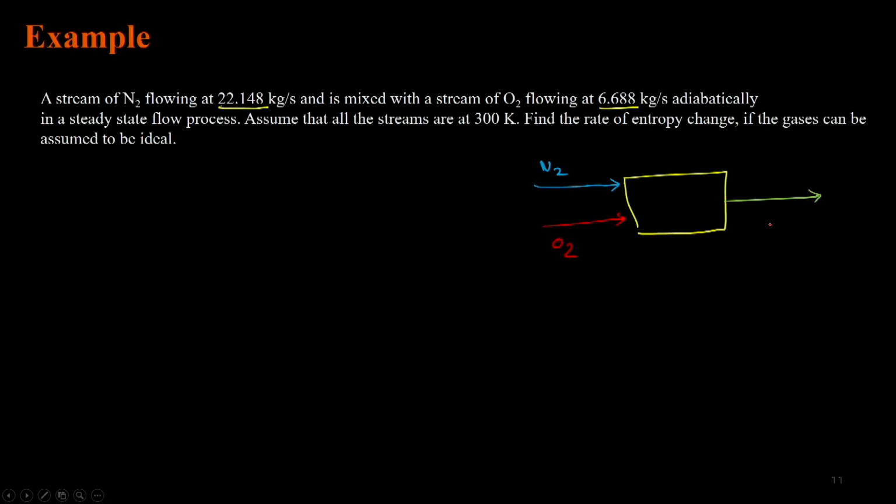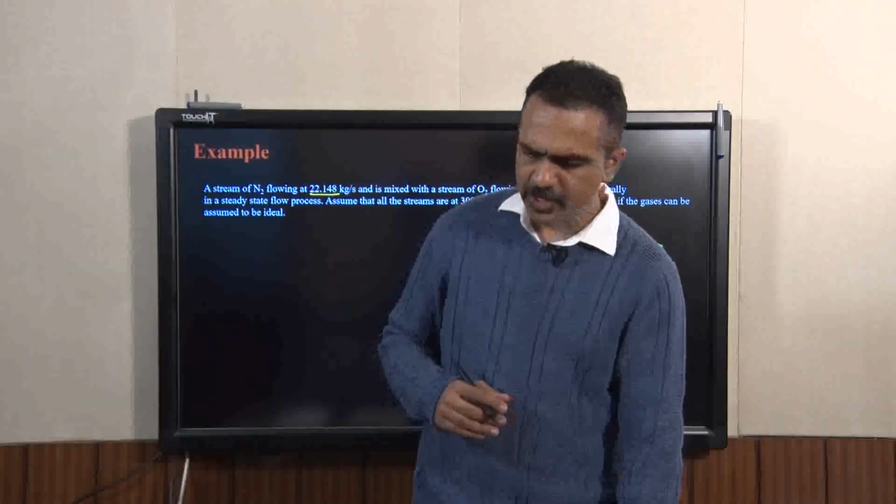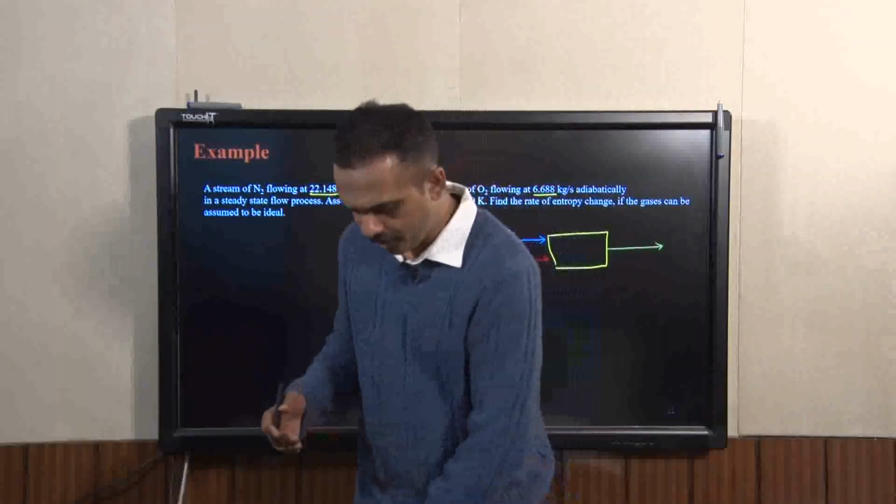And we're interested in calculating the rate of entropy change for this particular process. To calculate the rate of entropy change, what we'll do is first find the molar flow rates of the two streams.